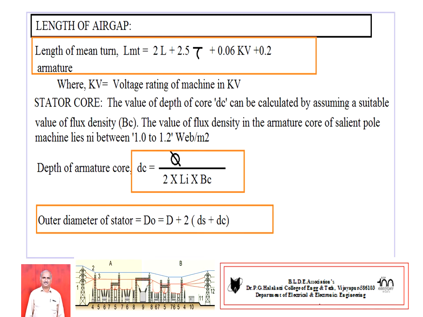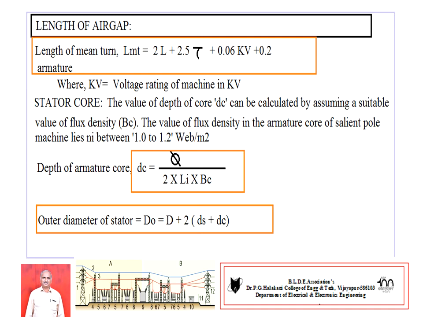Next we have to discuss the stator core. The depth of core DC can be calculated by using a suitable value of flux density in core, that is BC.